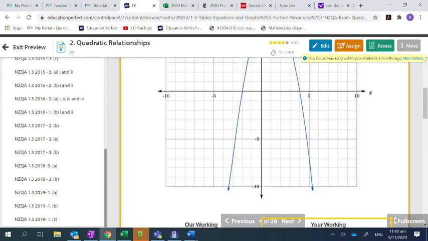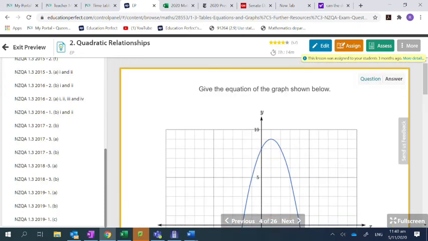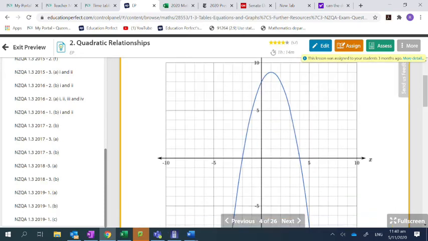So, they want you to give the equation of the graph shown below. First of all, 3 pieces of information. The x-intercepts. What are they? -2, positive 4. That's very important. Okay?